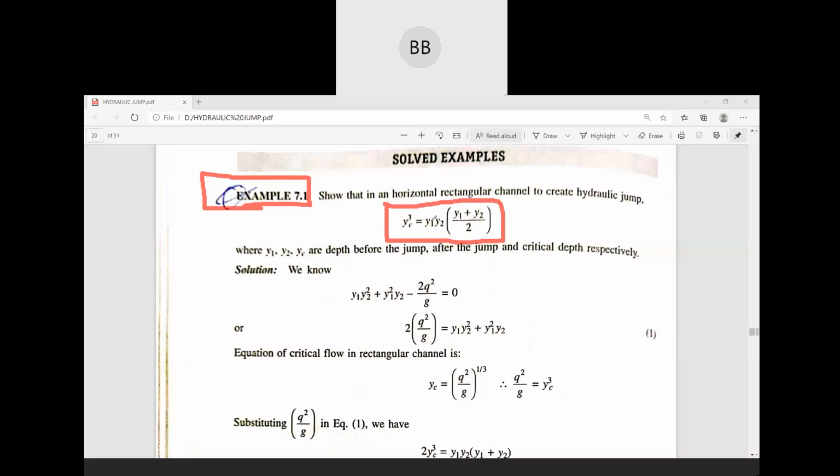Here y1 is nothing but depth of flow before the jump. y2 is depth of flow after the jump, and yc, we all know, is the critical depth.